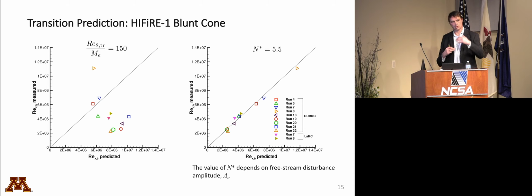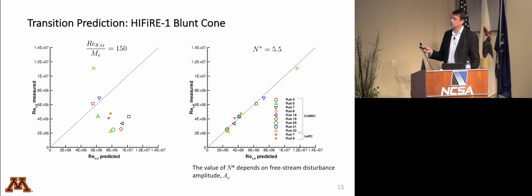And therefore, you can only tolerate a certain amount of growth before the disturbances get critical and break down and go turbulent, till they reach an A star, a critical amplitude. So we pick an N star of about 5.5 to 6 typically for conventional non-quiet wind tunnels.